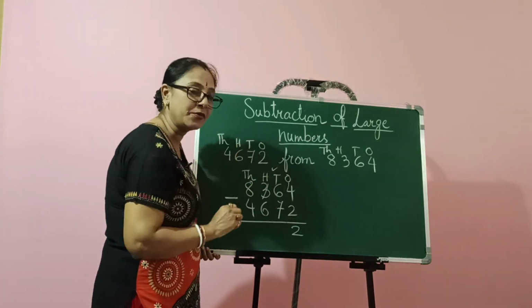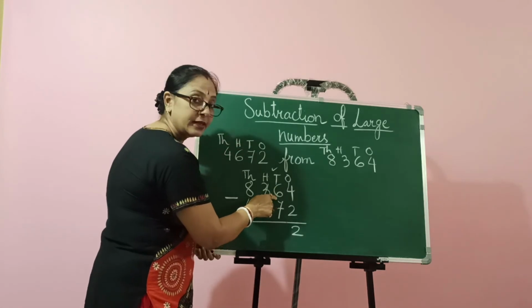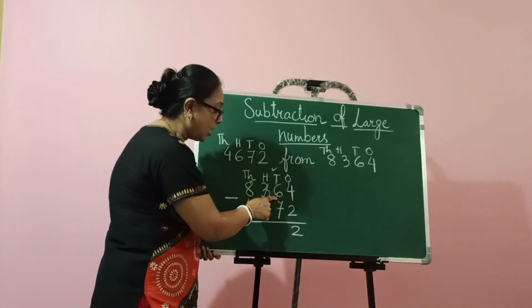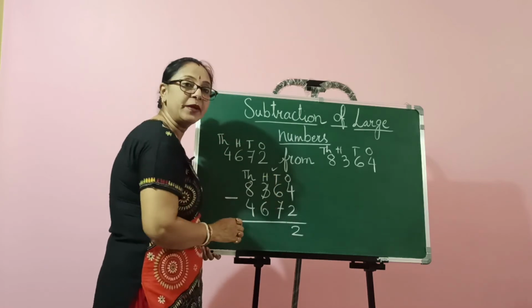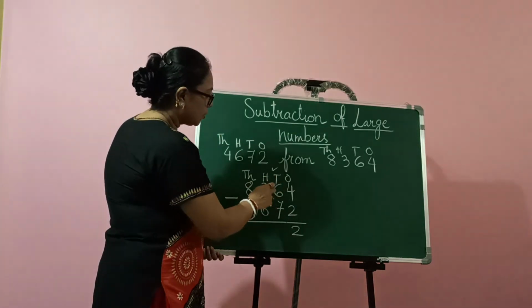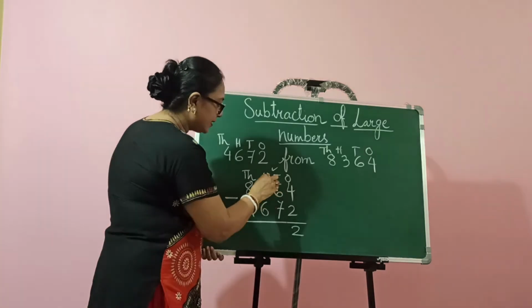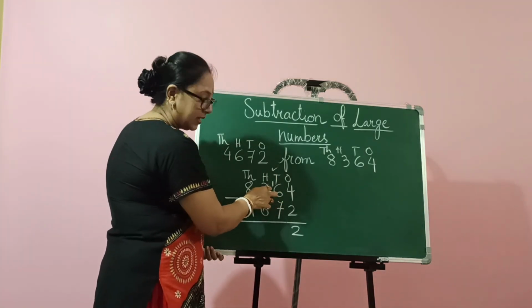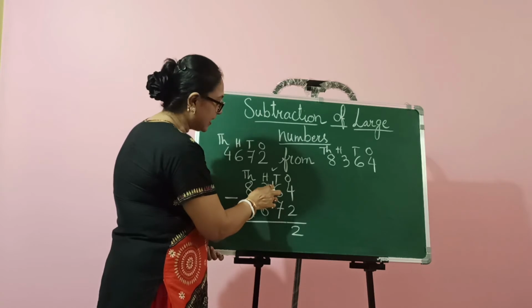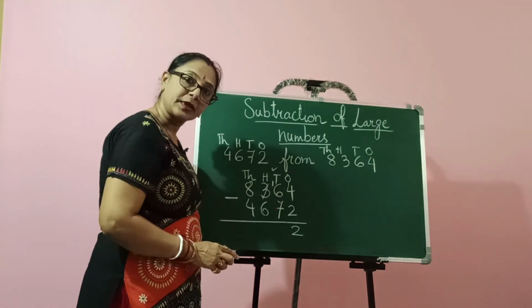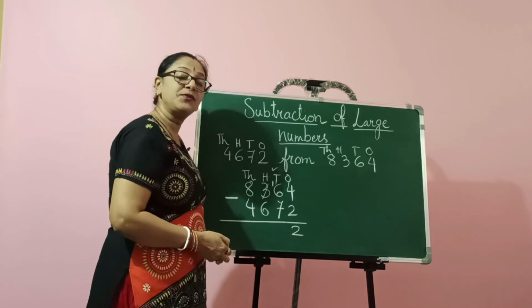We borrow 100. Now here this 6 stands for 6 tens, that is 60. If you borrow 1, it becomes 160. So if I borrow 1, I get 16. It becomes 16, that is 16 tens, 160. 16 minus 7 gives you how much?